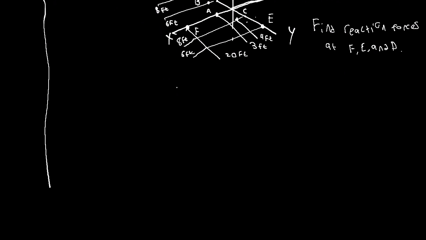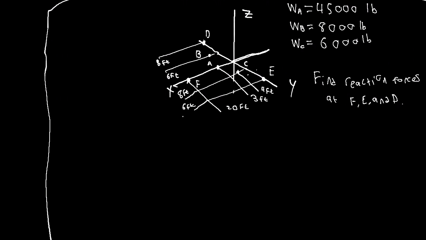So, what should we do first? Well, let's take a look at this. Supports F, D, and E are what we're looking for. We're looking for the reaction forces. Those are all wheel supports. Let's write that down, because I didn't.